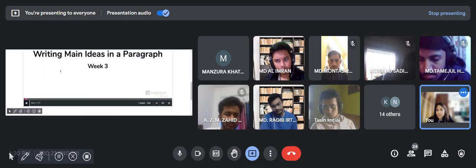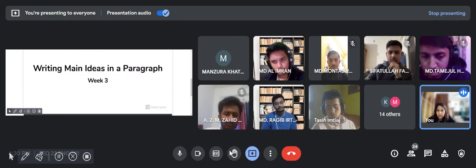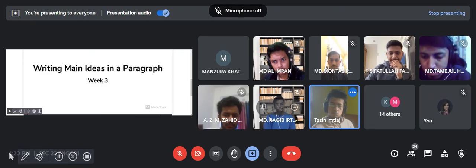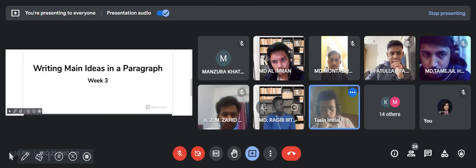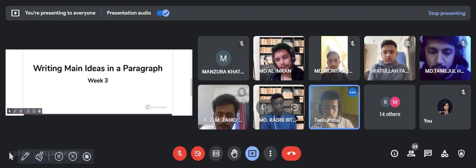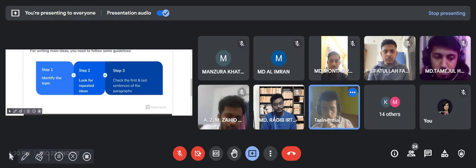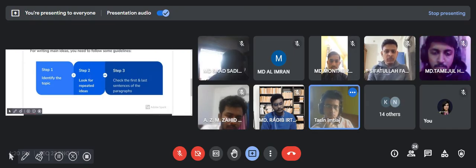In the previous slide, we have talked about the identification of the topic and main idea in a sentence. In this lesson, we will talk about how to write the main ideas in a paragraph by using transitional words and expanding sentences. In order to write the main ideas in a paragraph, you need to follow certain guidelines.